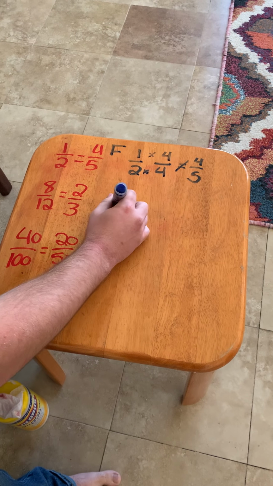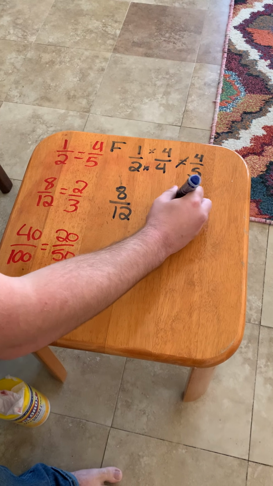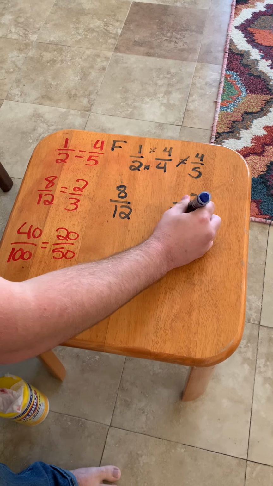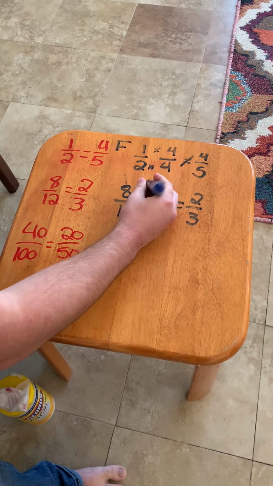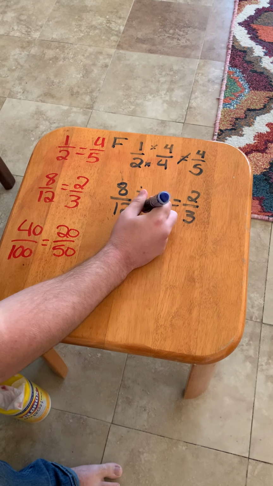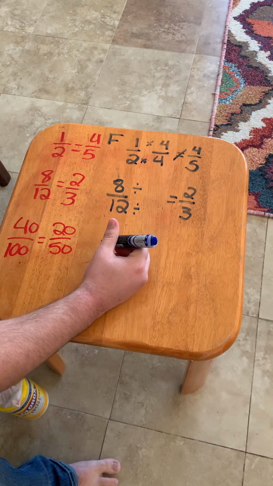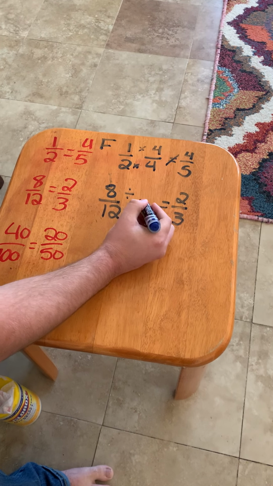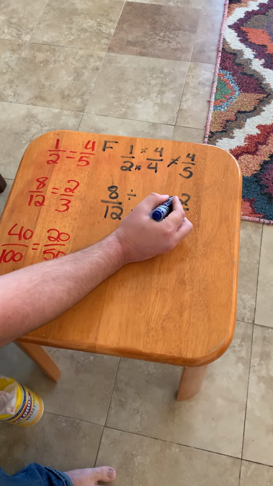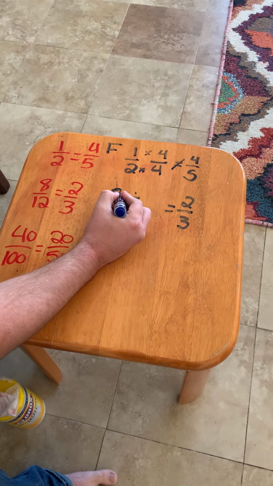I'm going to move down to the next one. We have 8/12. We want it to equal 2/3. This time we have to divide, which again is backwards multiplication. So I'm going to think of it this way because it's just easier for me. 2 times what equals 8?